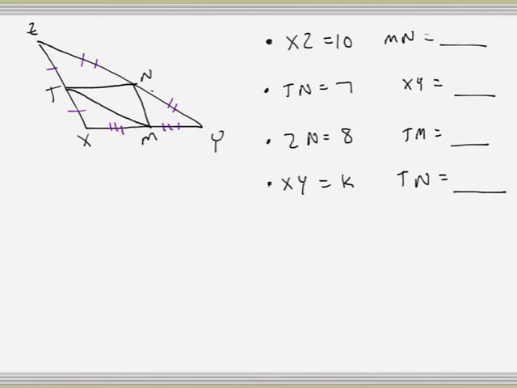That means those last two theorems apply to this picture: with midpoints connecting, we would have parallels, and we know that those median segments are going to be half the length of the side that they're across from. So the first one says, if XZ is 10, so if this whole side is 10, then MN is what? 5.